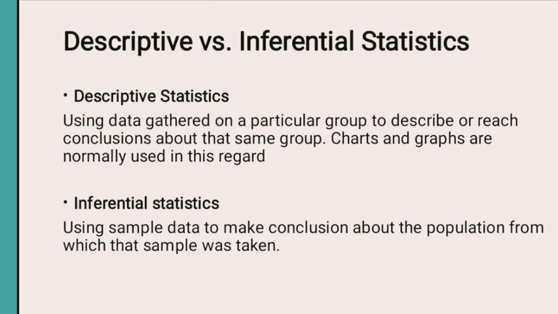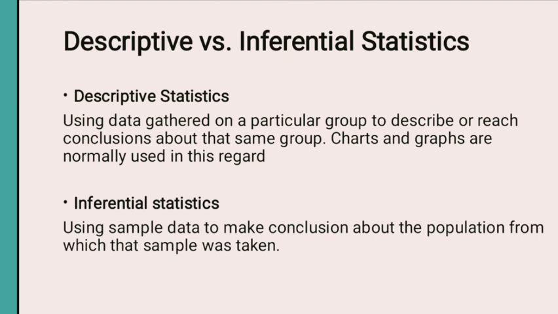Now let's also look at the difference between descriptive and inferential statistics. For descriptive statistics, we use data gathered on a particular group to describe or reach conclusions about that same group.